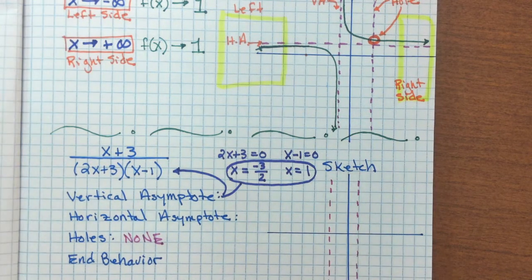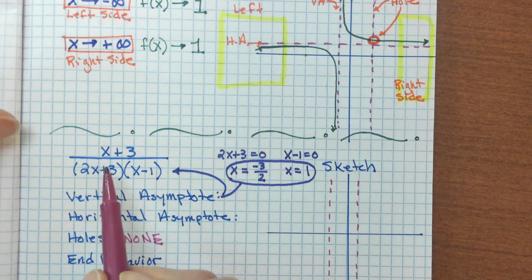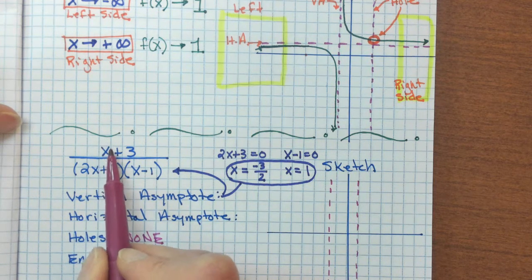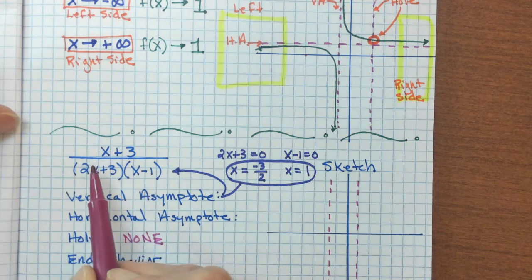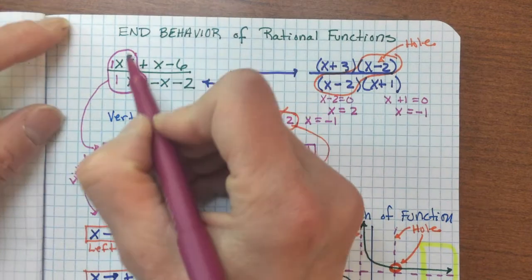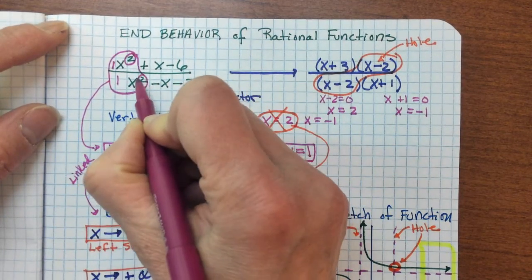So this graph is going to look a little bit different than the other graph that we previously did. Okay, so how do I figure out what my horizontal asymptote is? Well, I need to look at the ratio of exponents from the top to the bottom to see if they're the same. The reason I took the coefficient before was because this is squared and this is squared.